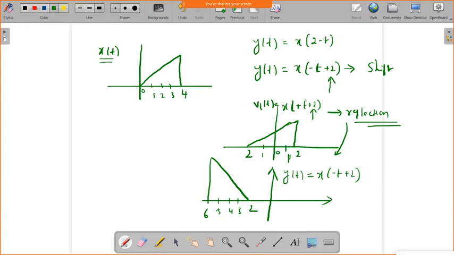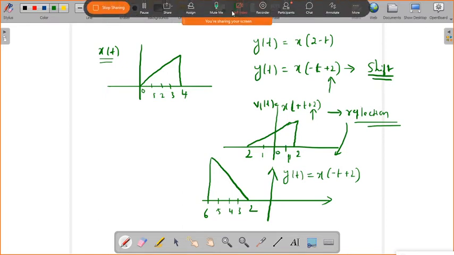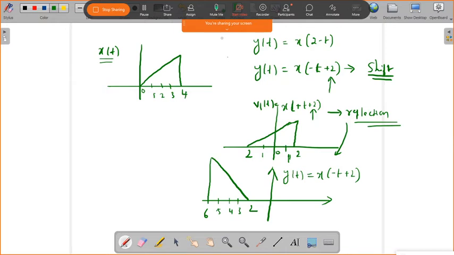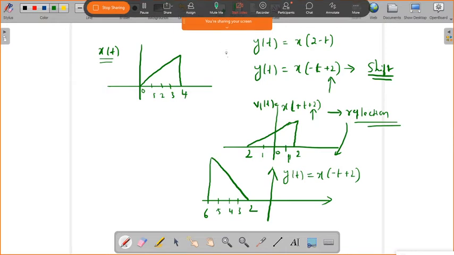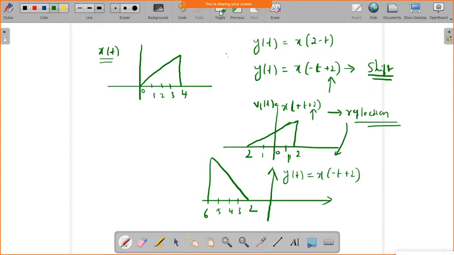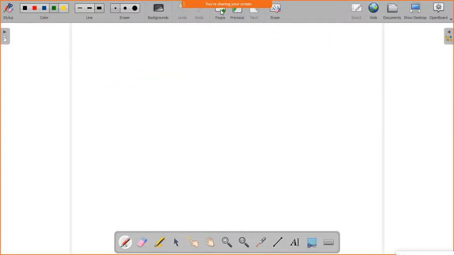In all other problems, we do the shift operation first, then we go for the reflection. Now we will do another problem. Is there any doubt in this? Understood? So all of you do the shift operation first, then either scaling or reflection.